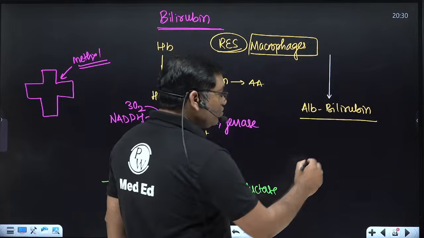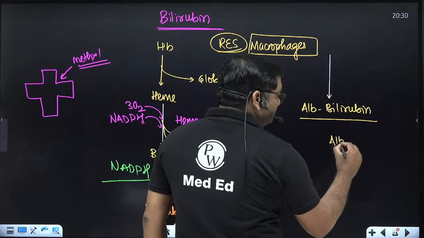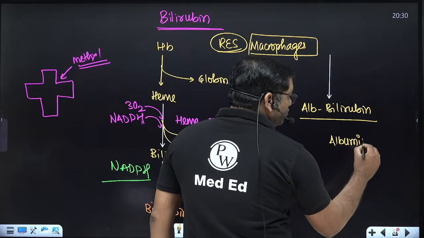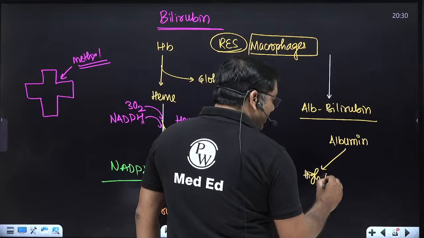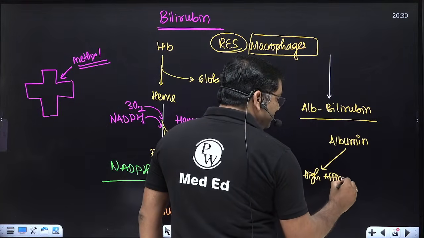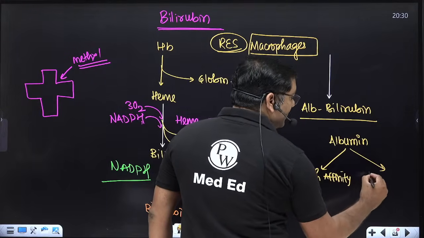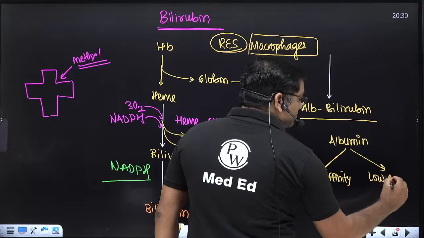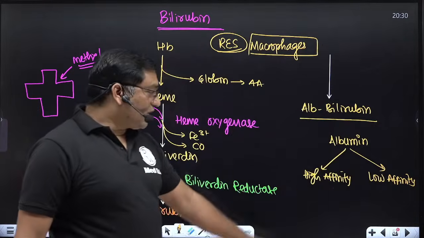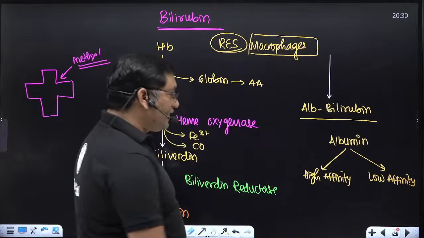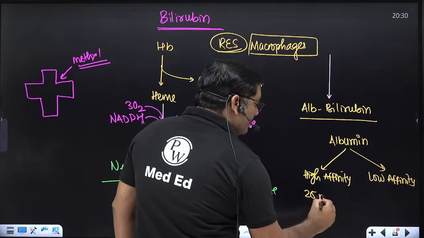Albumin has two important sites, high affinity binding sites and low affinity binding sites. The capacity of the high affinity binding site is 25 milligram per deciliter.